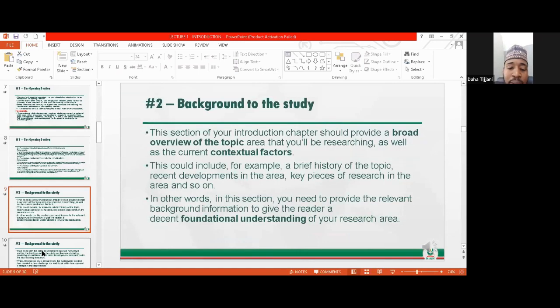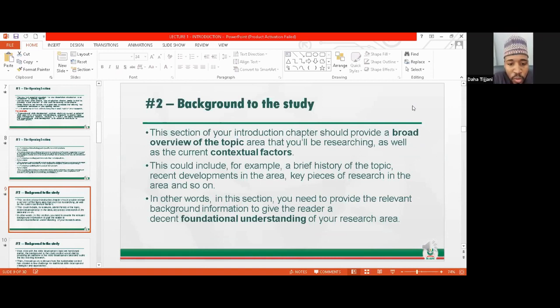is the background of the study. So in the background of the study, you will notice that what is required here is mainly the broad overview of the topic area that you will be researching, as well as the current context. The theories also should be provided.